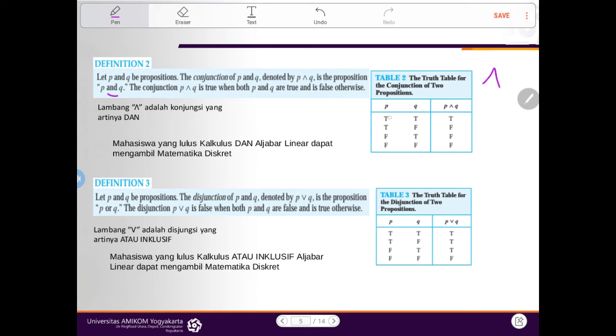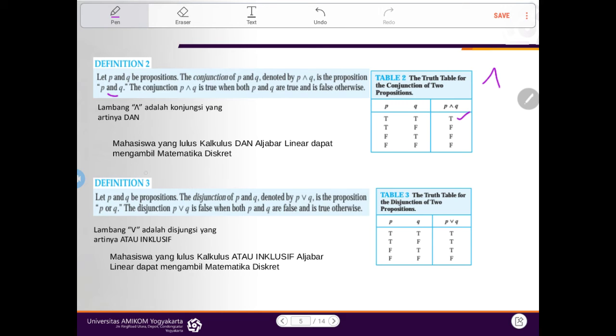If P is true and Q is true, then P and Q is true, just like the operation of AND. So only if both are true is the value of the conjunction true, otherwise it is false.